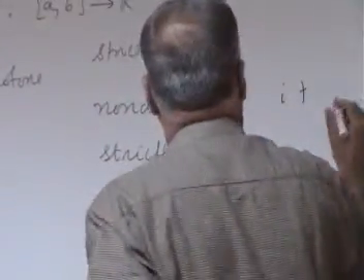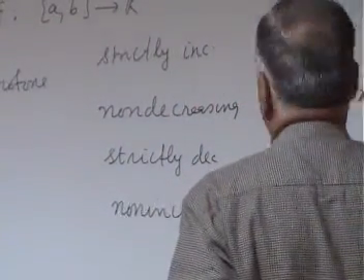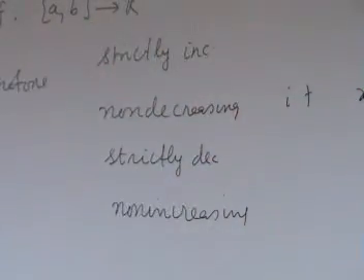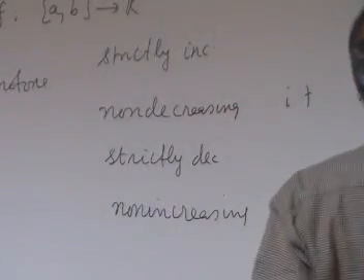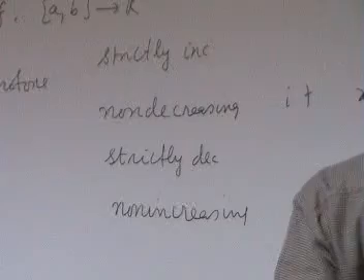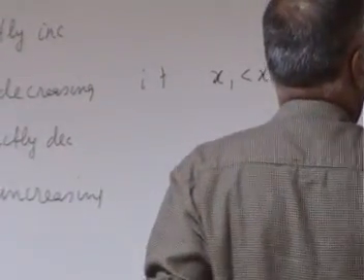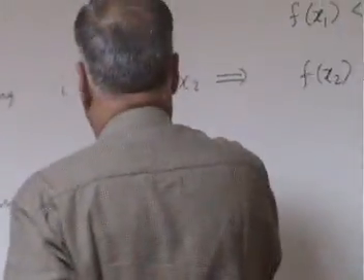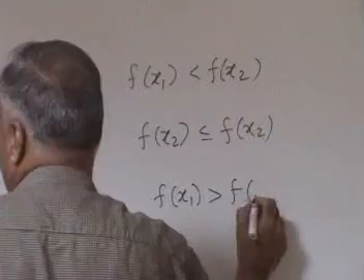If x1 less than x2, of course all are in the interval AB, our interest is in AB, implies f(x1) is strictly less than f(x2) for strictly increasing; non-decreasing means f(x1) is less than or equal to f(x2); and decreasing means f(x1) is greater than f(x2).